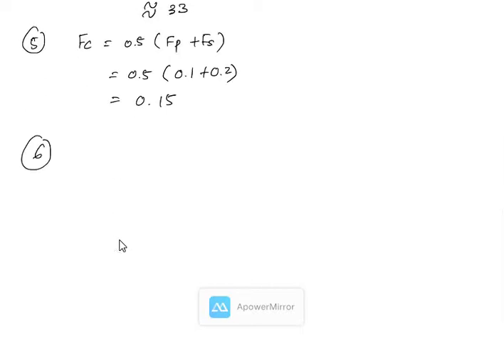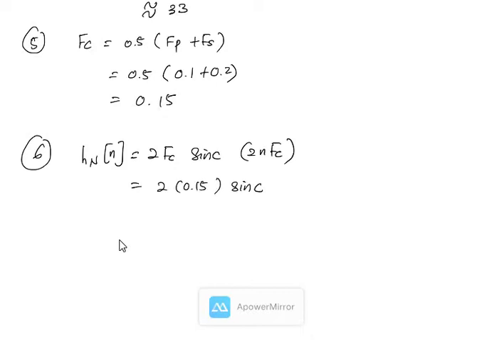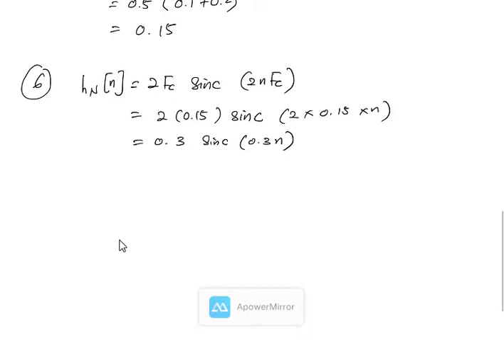And then the impulse response is hd(n) equal to 2Fc sin(2nFc) over... So I obtain 2 times 0.15 multiplied with sin of 2 times 0.15 times n. So I obtain 0.3 sin 0.3n, for the range of negative 0.5 times N minus 1 to 0.5 times N minus 1.